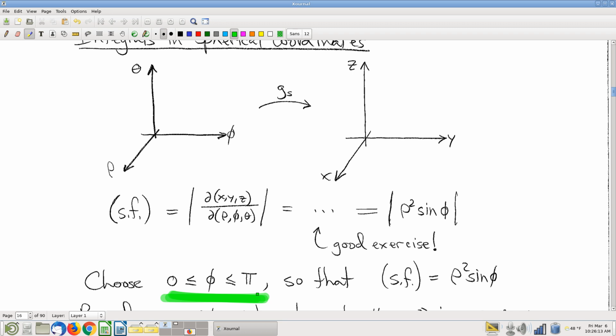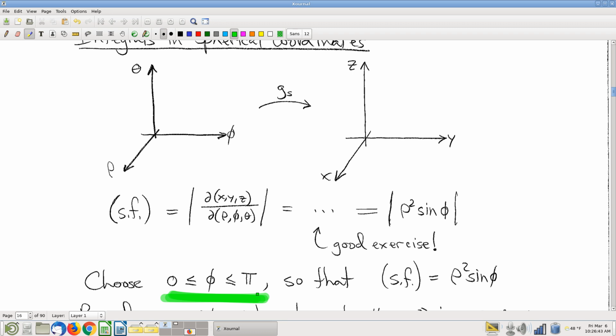Henceforth, when you're doing spherical coordinates, at least for the purpose of spherical coordinate integrals, you are required to choose these values of phi that you wanted to choose anyway. Again, I'll point out, 0 to pi is the natural range. That's the way you want to think about phi, measured off of the z-axis, of course. It gets weird when you think of values of phi outside of that range. These are the easy ones.